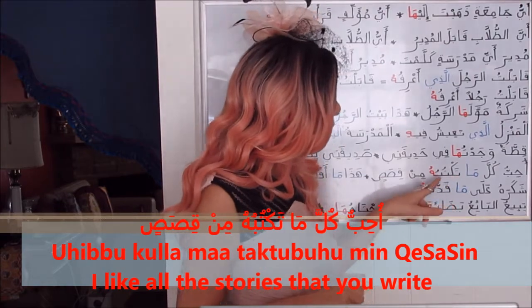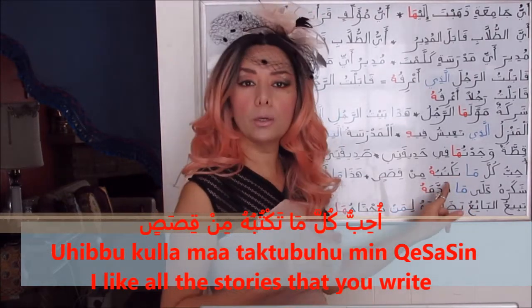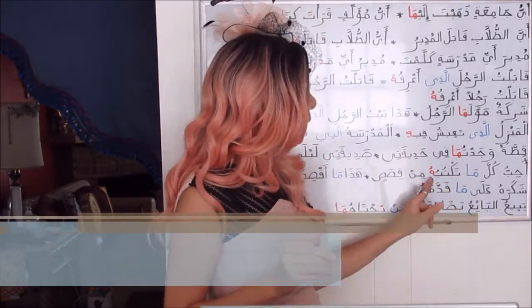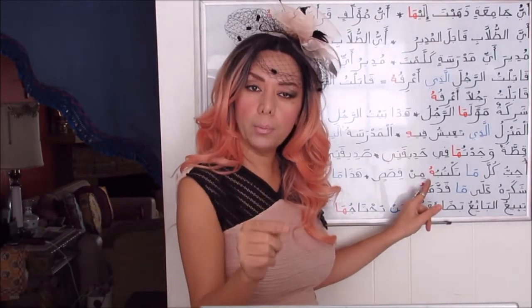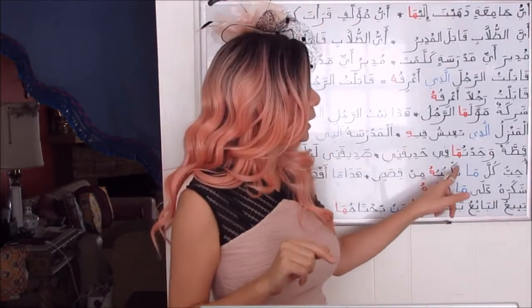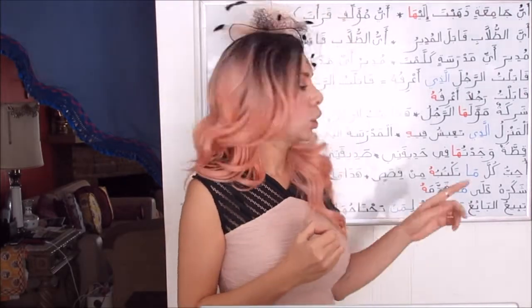So here the following verb will have a resumptive pronoun mentioning ma, and since ma is undefined, it will be treated as a singular masculine using who, third person singular masculine. Okay?